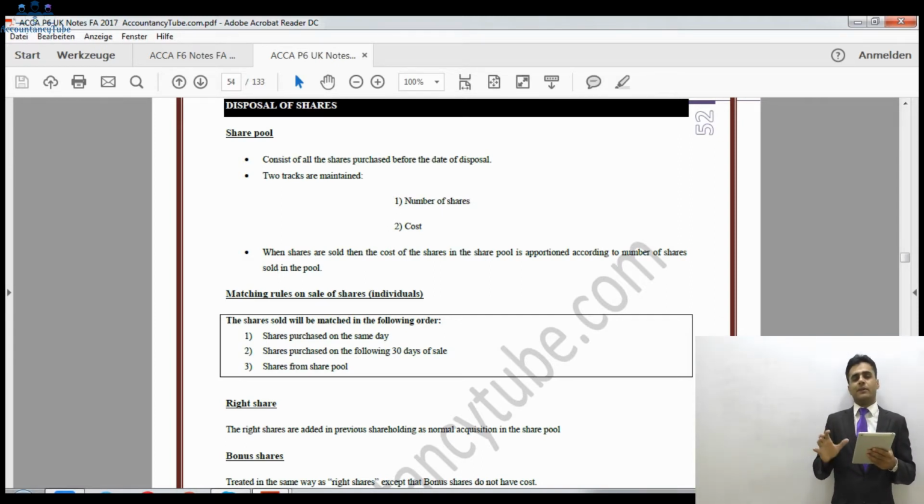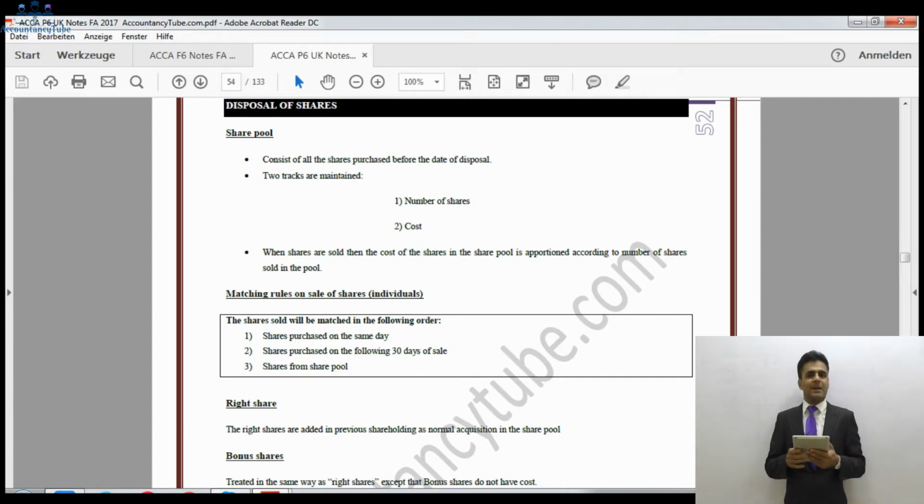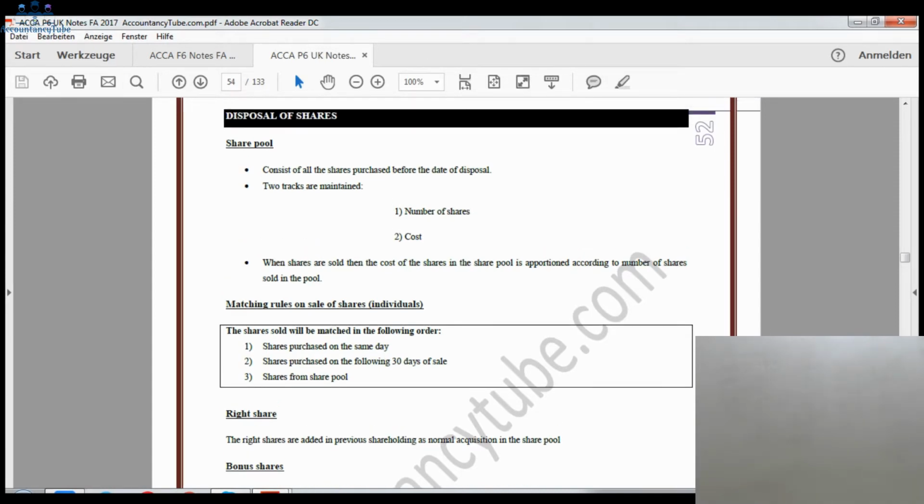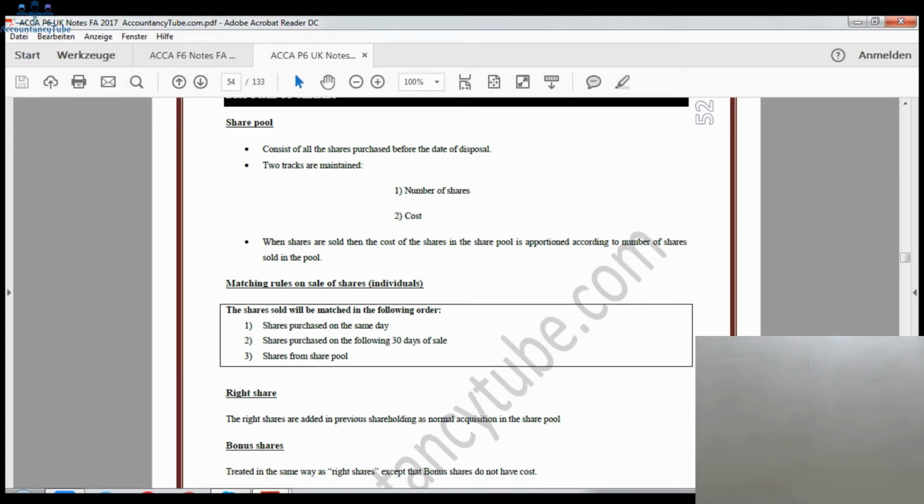The pages will be different in the F6 notes and the P6 notes, but the material is exactly the same. So whenever I say that this same material is given to you in the P6 notes, you will have to read it from your P6 notes, because it's just a waste of time to make two separate video lectures of the same material.